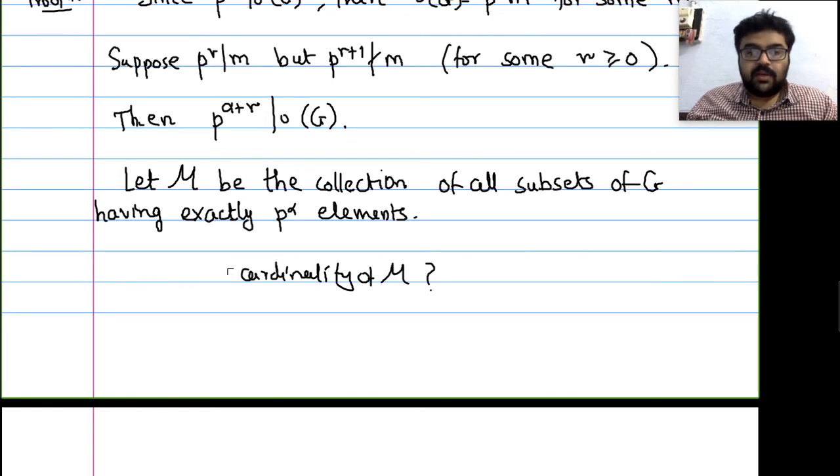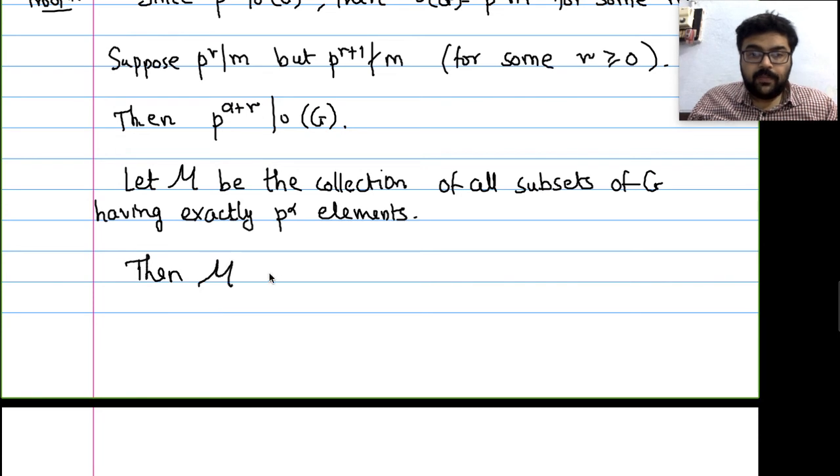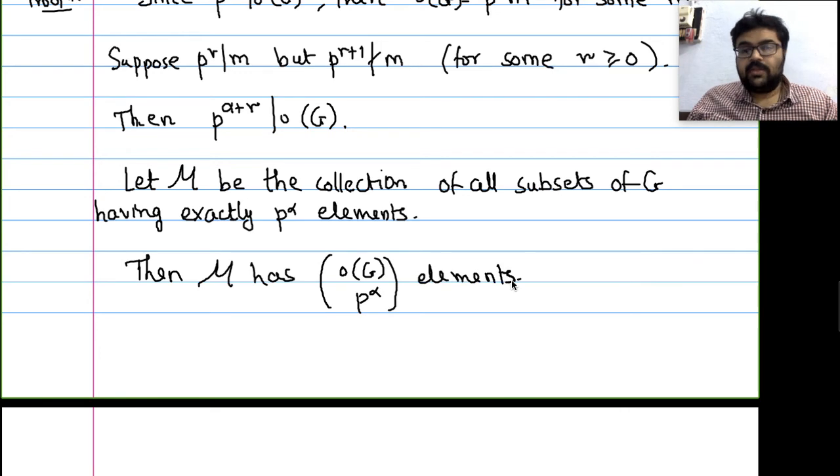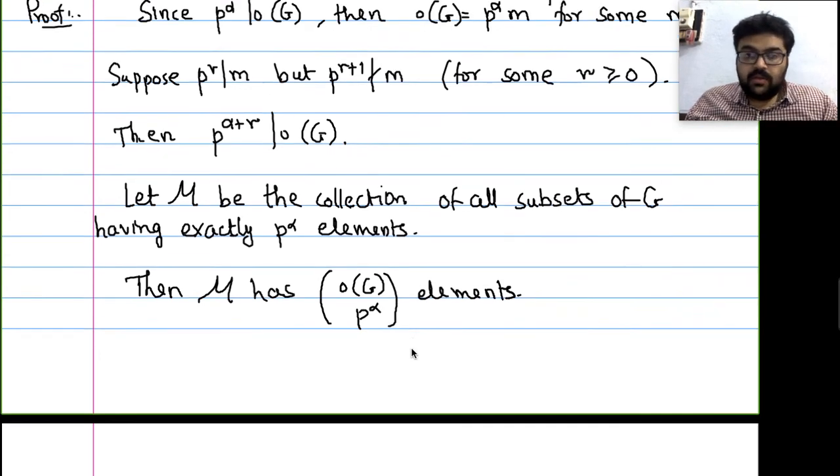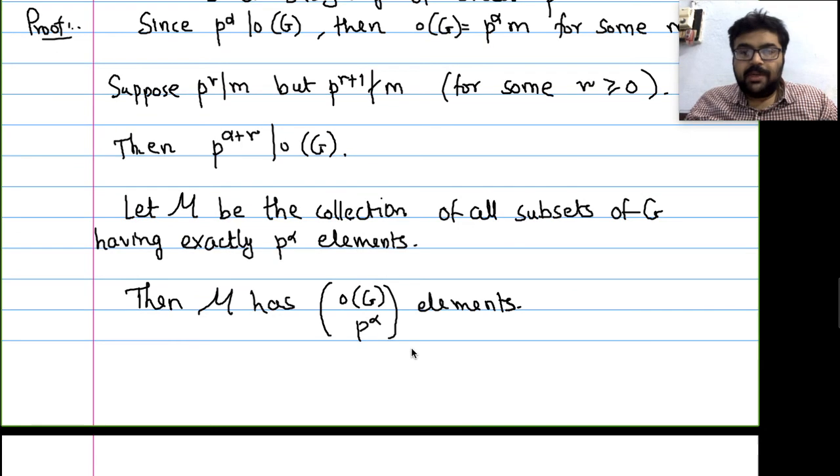So I can write, then script M has, how many elements? Order of G choose p power alpha elements. How many elements are there in G?